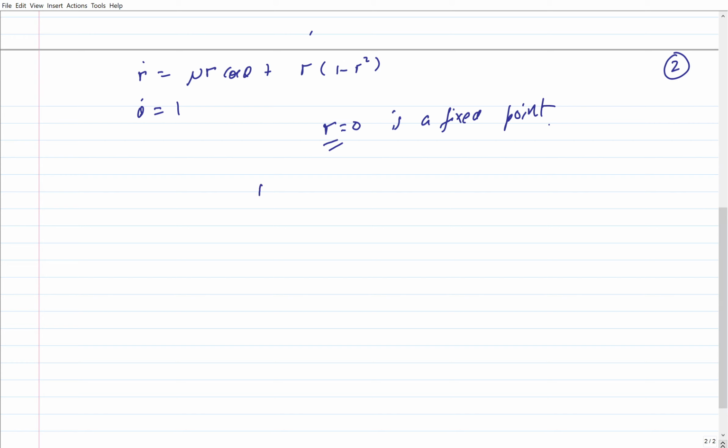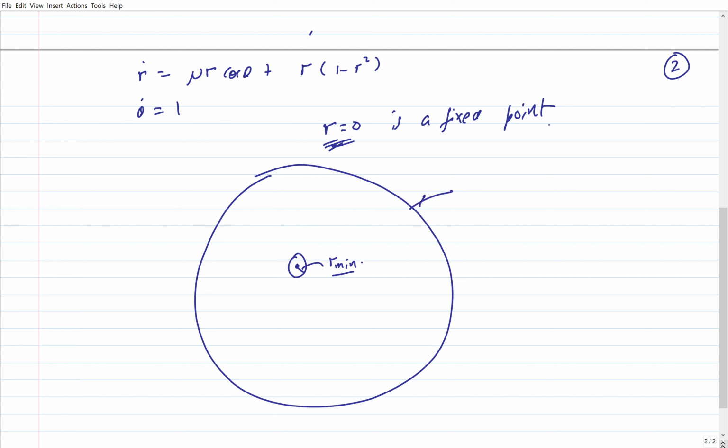That can be easily excluded as long as, excluding r equals 0, I have a small r minimum, and I have some r maximum. This would be my region I am searching for to apply the Poincare-Bendixson theorem.